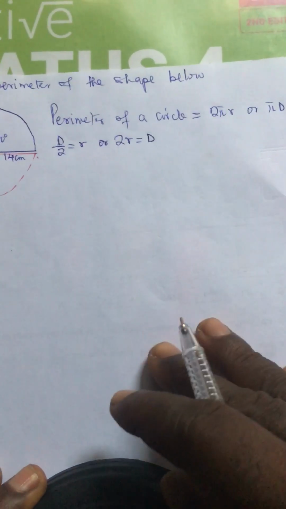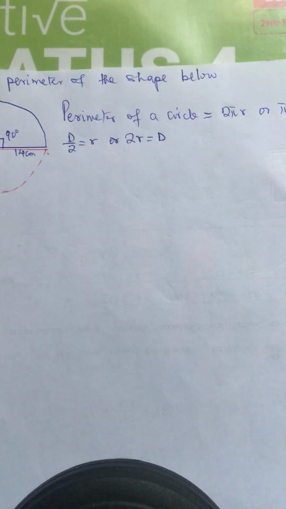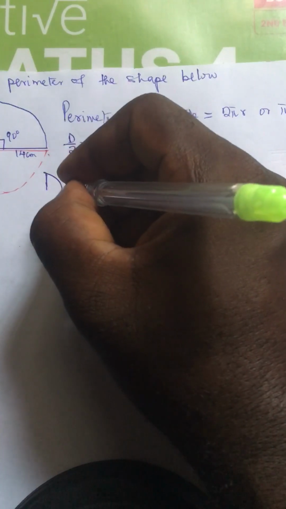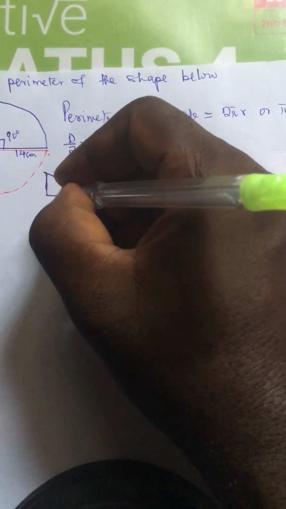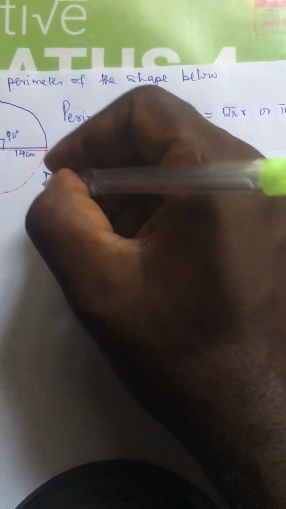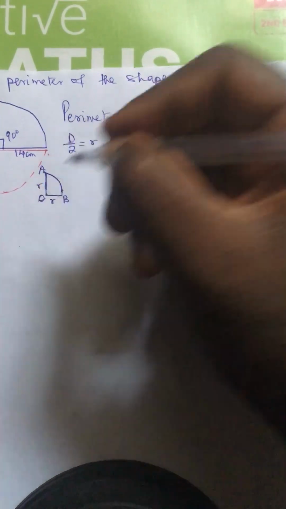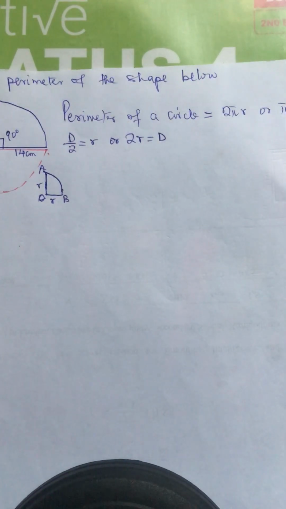Now, if we are looking for the perimeter of the quadrant, or this shape, this is r, this is r. Now, if I have here A, B, and C, sorry, let me put here O. Now, there's this shape.